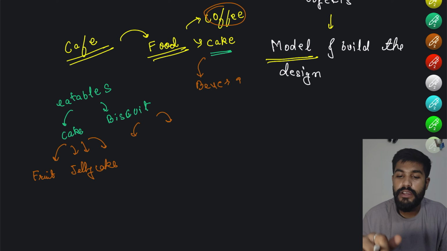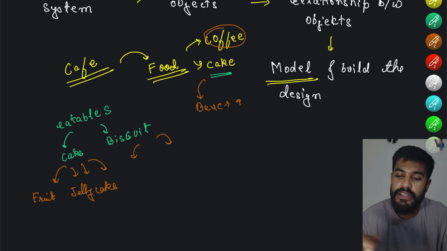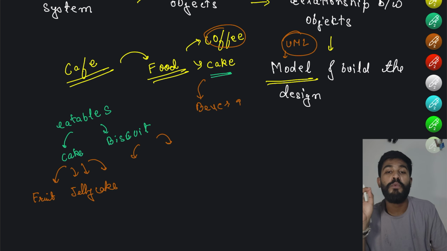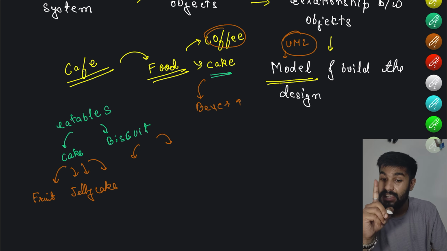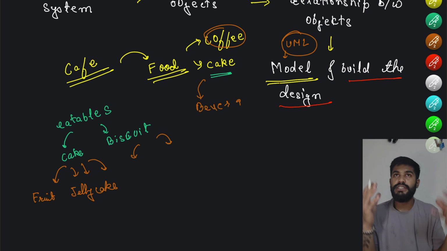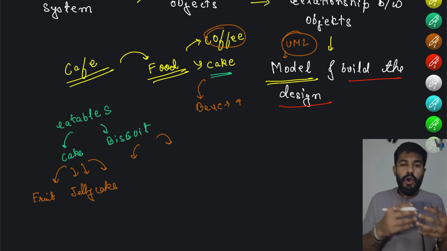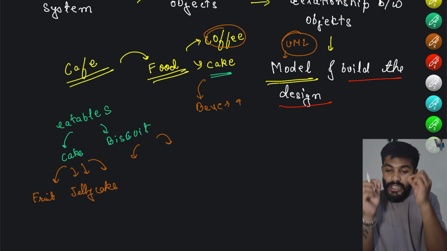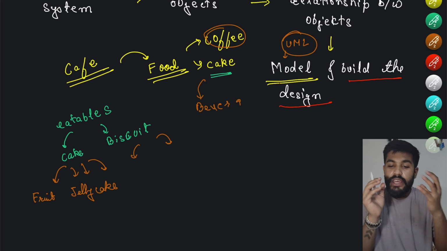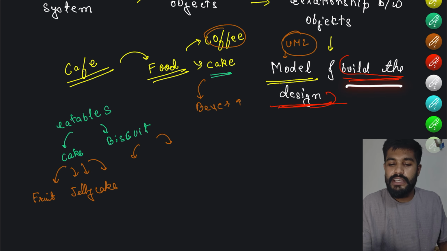We model whatever we have thought as objects and relationships in the form of UML, the Unified Modeling Language. Then, after multiple discussions with stakeholders, we know at each step which design patterns we would be using and which implementation would be in which form. Then we build the design, that is, we implement that design.